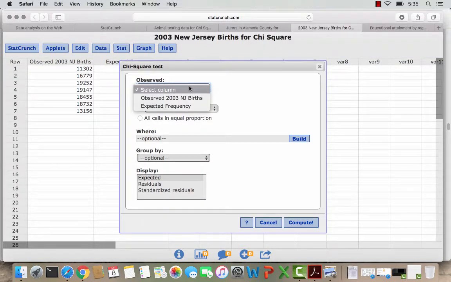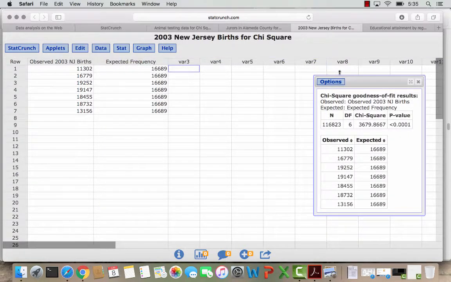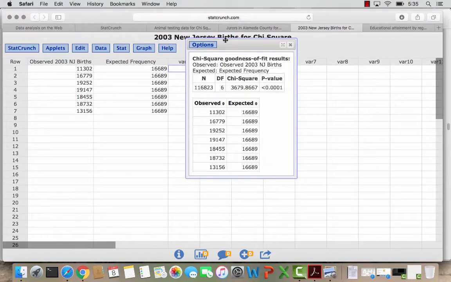And then my observed values are in the column I titled Observed 2003 New Jersey Births, and my expected values are in the column I titled Expected Frequencies. And then I'm going to hit Compute, and what they've given me here is a chi-square value, which looks pretty large, and the p-value, which looks pretty small.